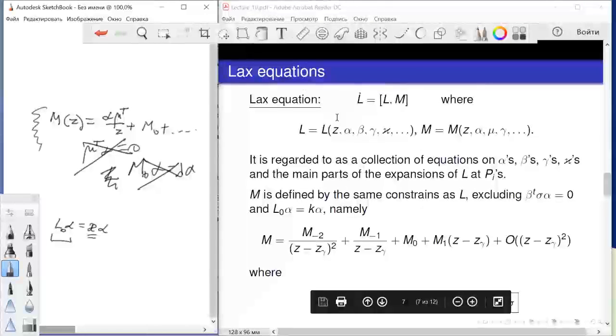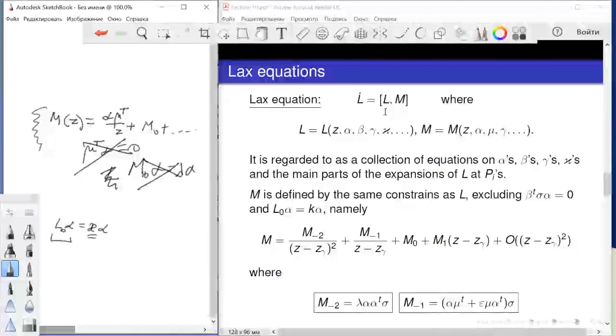For example, from this equation, L dot equal to commutator LM, using the chain rule of calculus, we can consider it as a system of equations on dot alpha, dot beta, dot gamma, dot kappa, and so on.